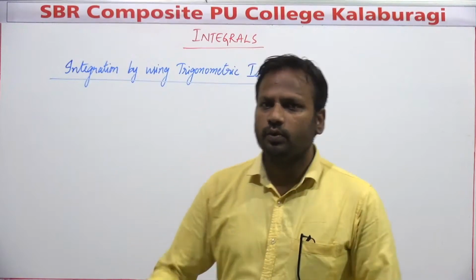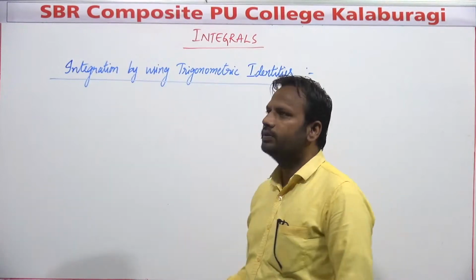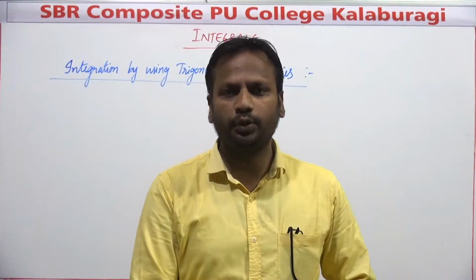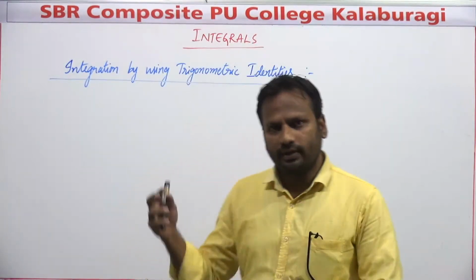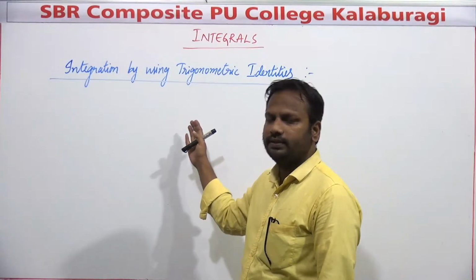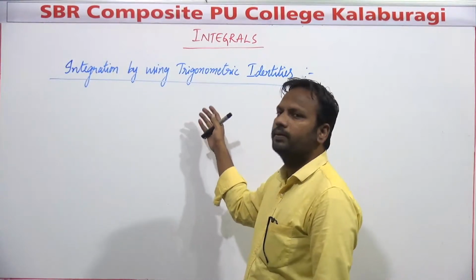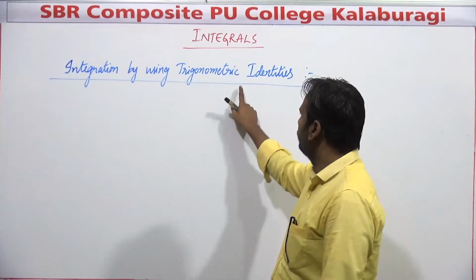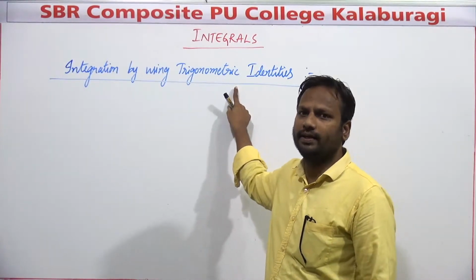Now we are going to study some integrands which are more complex than the substitution method. Here these integrands will be transformed into simple integrable format by using trigonometric identities.